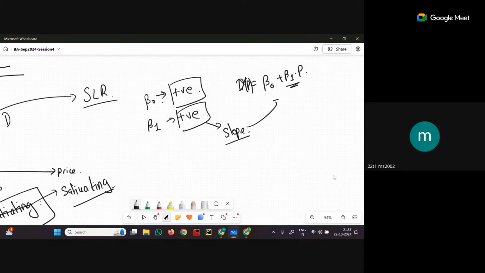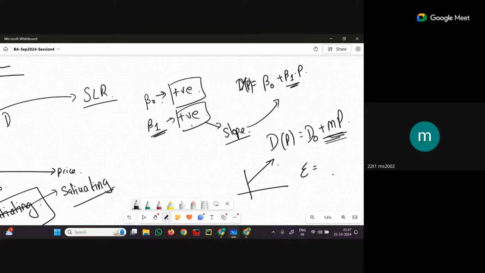And if that is positive, your entire equation resembles something like this. When you are given a simple linear regression, and the coefficient of x, beta 1, is positive, you get this type of curve, which means the curve is moving like this. And in this case, your m is positive.